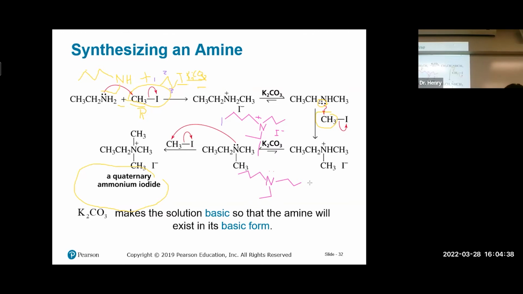Okay. So we'll get the formation of this, right? And then if we react it with the excess base, or the excess propyl iodide, then what are we going to end up with?